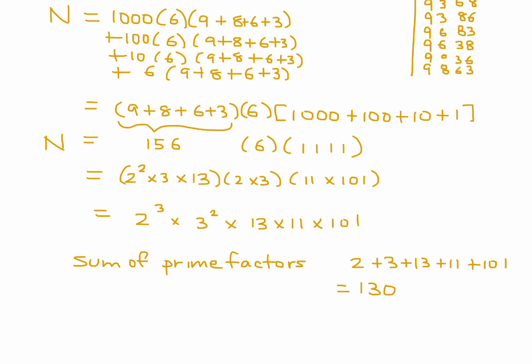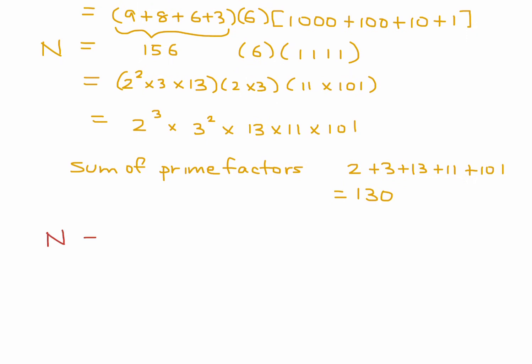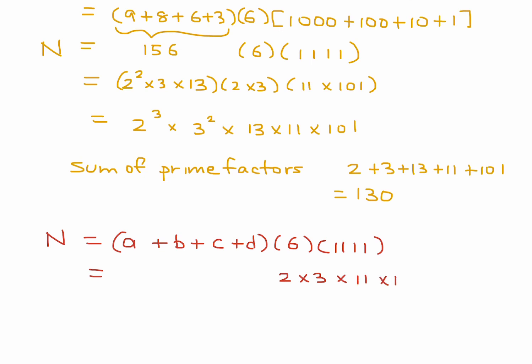So I've got to choose these 4 numbers in a way so that this becomes as high as possible. Okay, I think I can do that. So my n is going to be, I'll call those numbers A, B, C, and D, and then it's going to be times 6 times 1111. So looks like my prime factors right now with that 6 and that 1111 are 2, 3, 11, and 101.